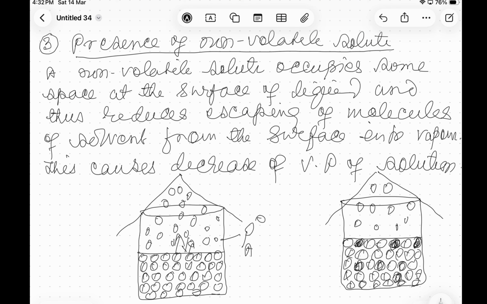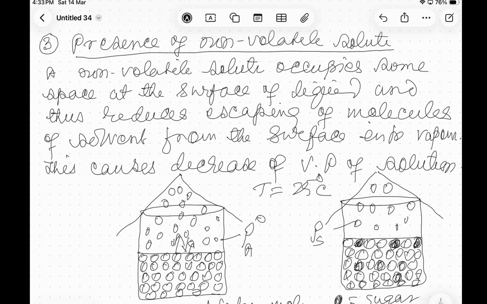As a result, the vapor pressure of solution is reduced at the same temperature and in equilibrium state. This is sugar molecules and this one is water molecule or H2O molecules.